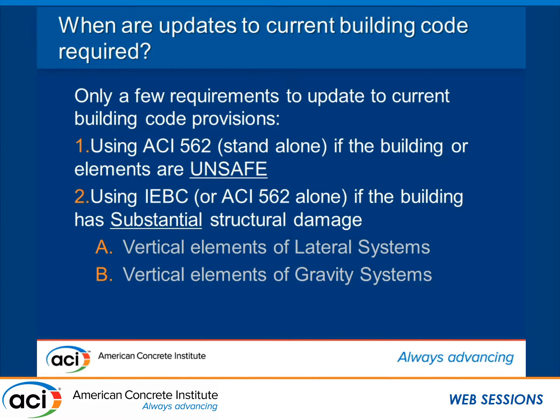Then, if there is a certain level of damage, which is defined in the IEBC as substantial structural damage, the vertical elements then have to be repaired using current building code provisions.